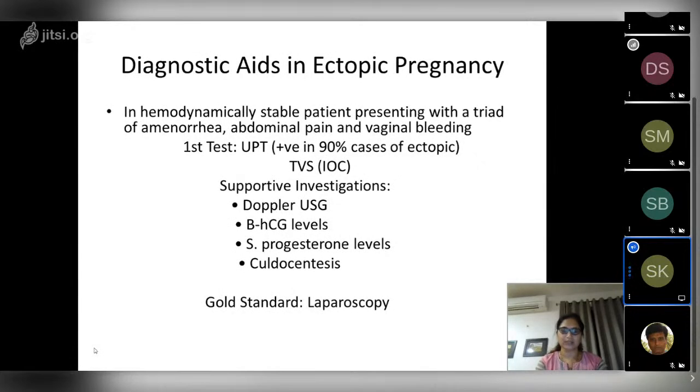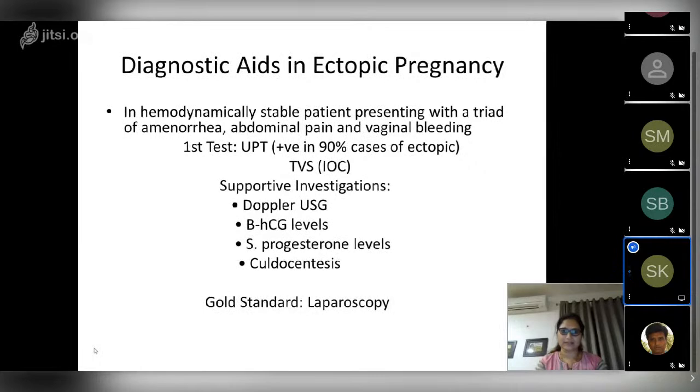Whenever a patient comes to you with amenorrhea, pain abdomen, and vaginal bleeding, these are the three classical symptoms of an ectopic pregnancy, and once there is a history of these three important symptoms, you should always have a high suspicion of ectopic pregnancy and evaluate the patient for the same.